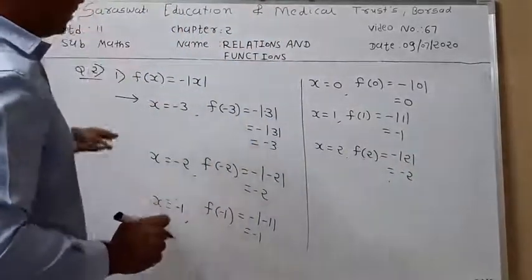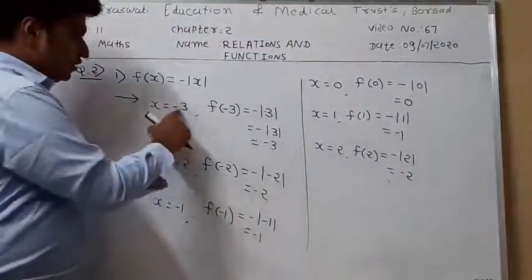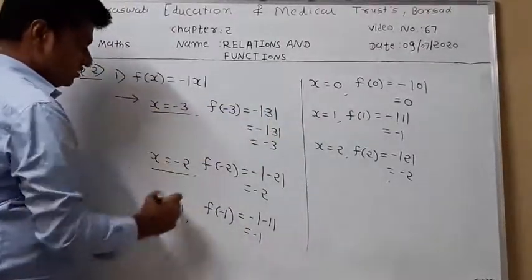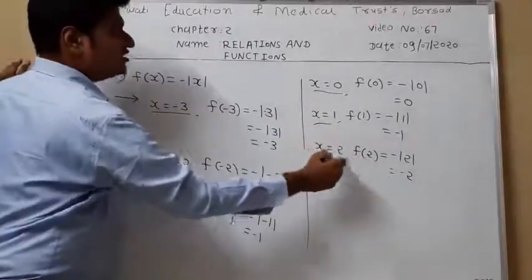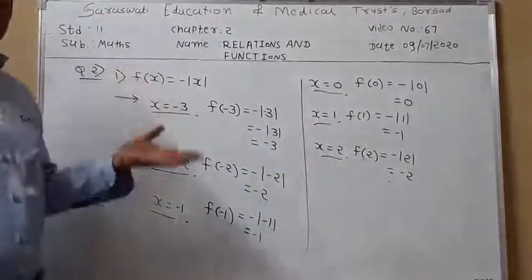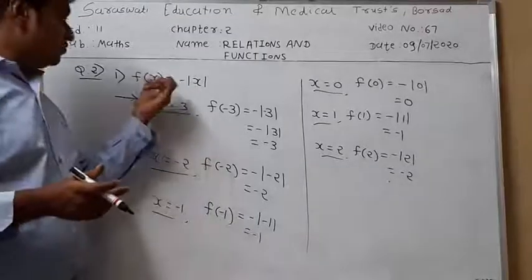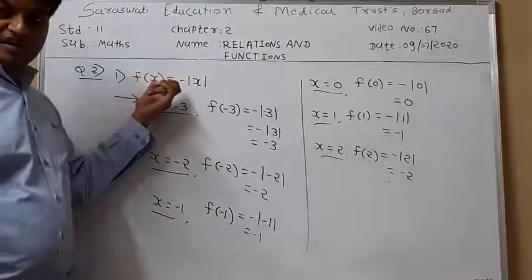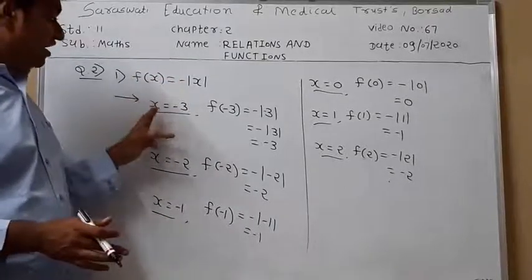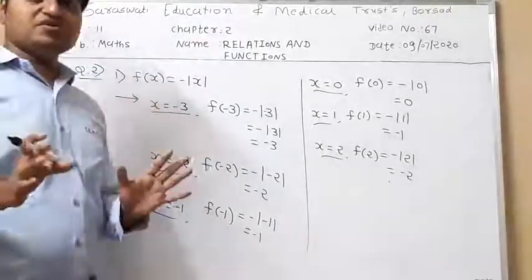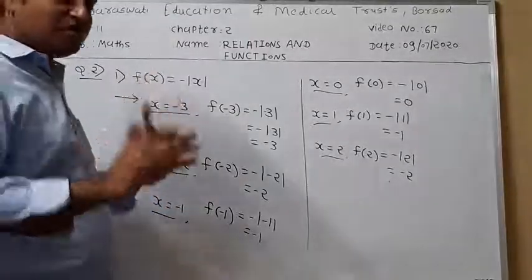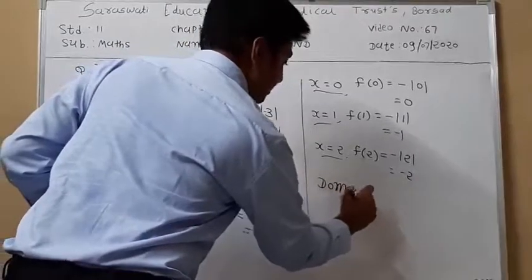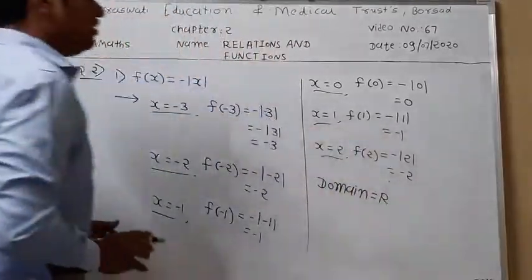So in the domain position, we can substitute any number from the real numbers, for example f of 3 by 2, f of 1.3. Here we can substitute any x, any real number. That's why our domain is equal to R. Right?